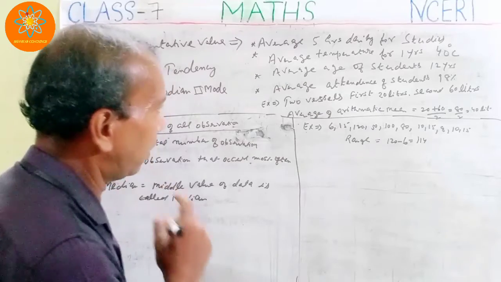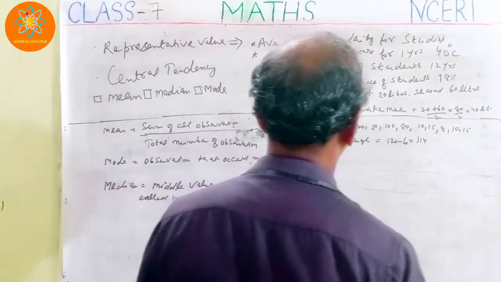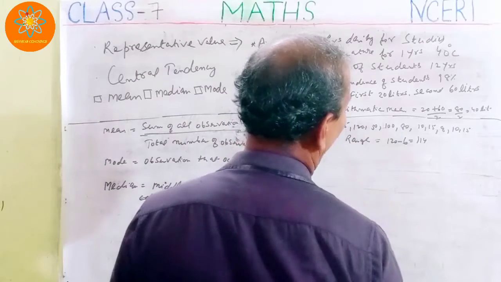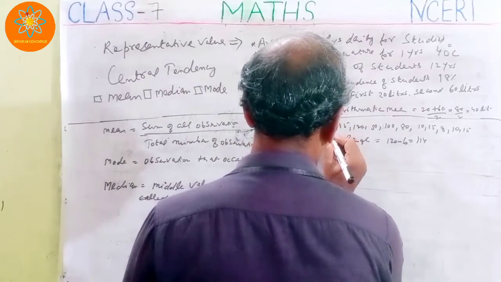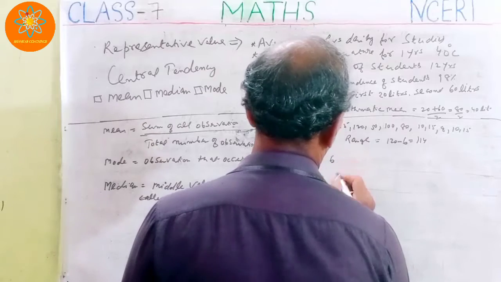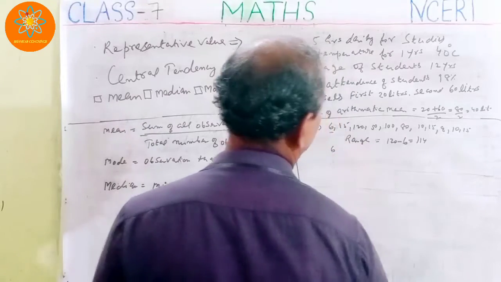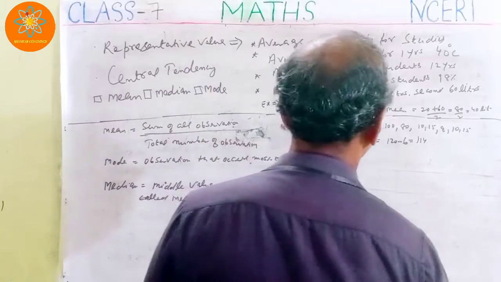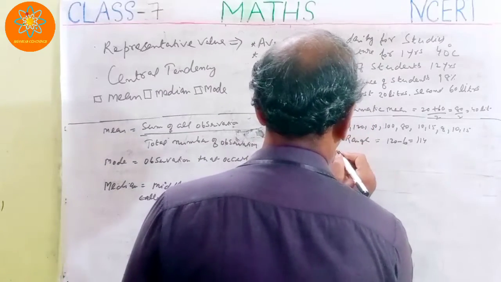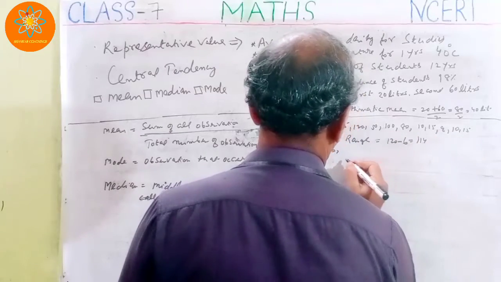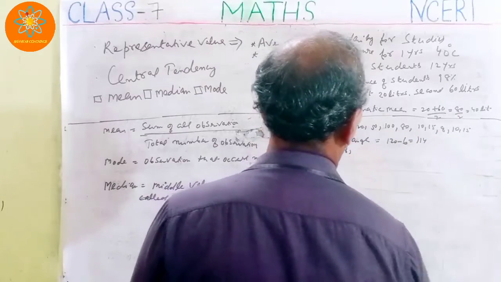Now I will arrange this. First of all, I will write 6. After 6, I have 8.